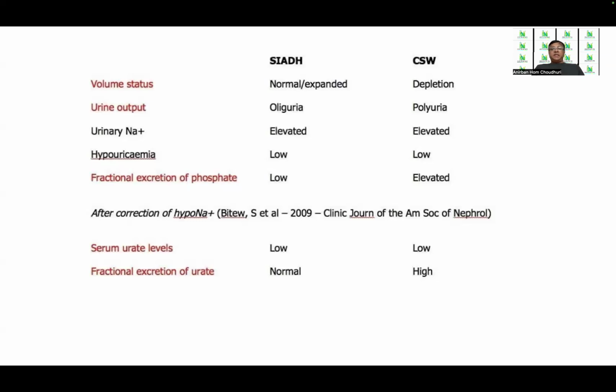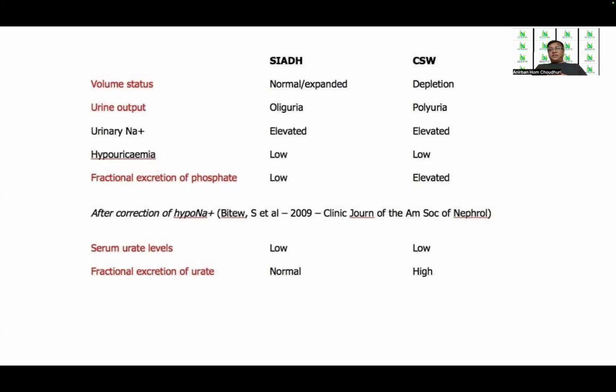But more importantly, the serum urate levels, which were low, continue to remain low even after correction of sodium in patients with cerebral salt wasting, but they become better in patients with SIADH. And that is why the fractional excretion of uric acid becomes normal in SIADH, whereas it remains high in patients with cerebral salt wasting, despite the correction of sodium.